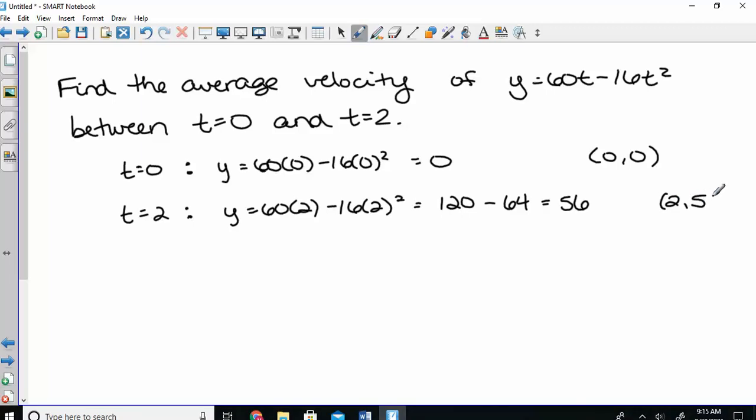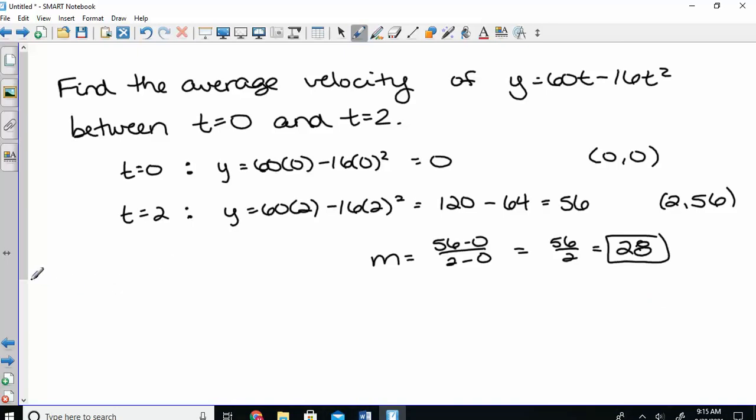That gives us 56. So now your slope: y sub 2 minus y sub 1 over x sub 2 minus x sub 1. We get 28. I would have to give you fairly nice numbers if I were going to have you do this by hand, because you don't have that calculator, so it will be nicer numbers like this that we can work out by hand.